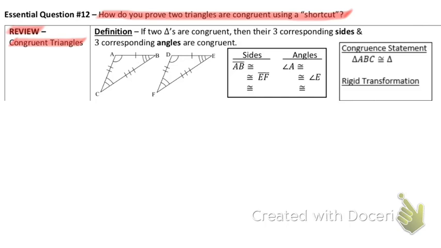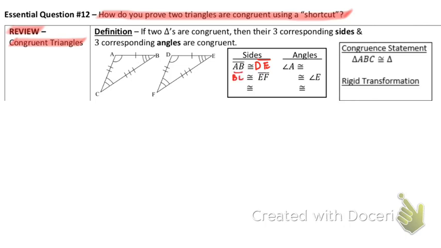So let's get started. So we have to know that AB is congruent to DE. And we know that because of the marks. We also know that EF is congruent to BC.